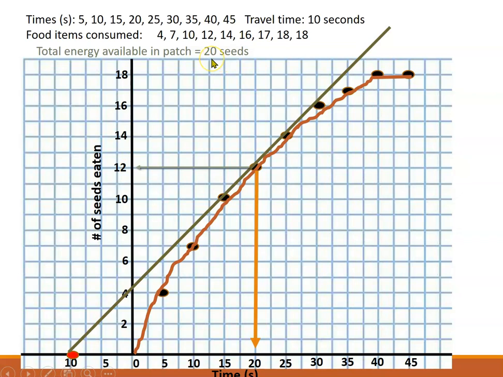So to figure out this giving up density, we would take this number 20 and subtract this number 12, giving us this giving up density of 8 seeds. The bird should give up feeding at this feeder when there are 8 seeds left.